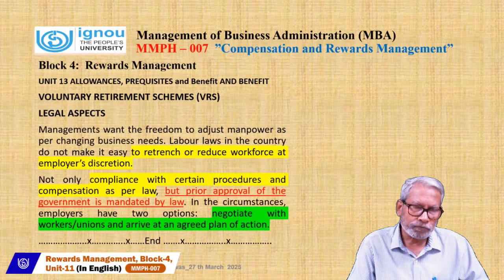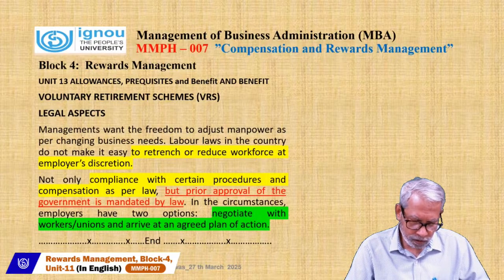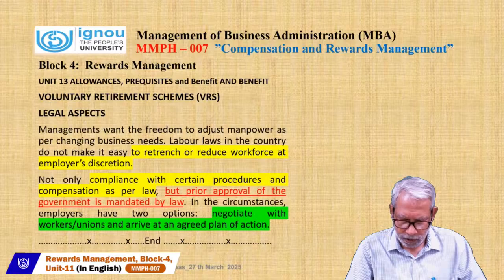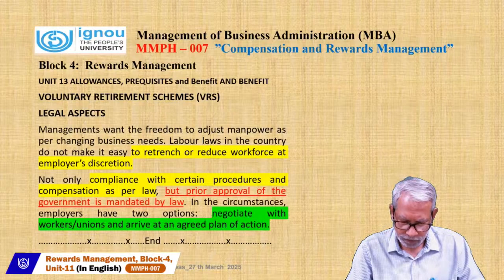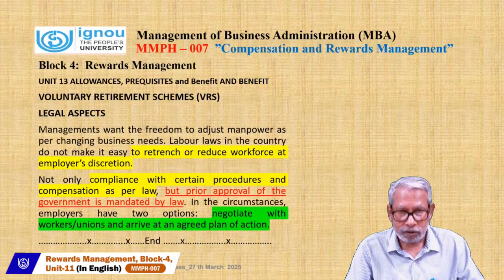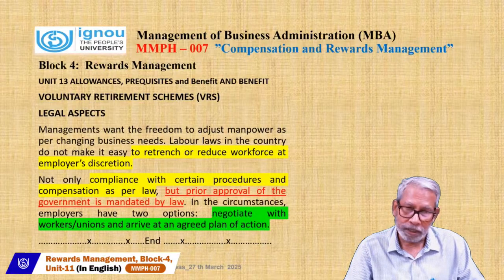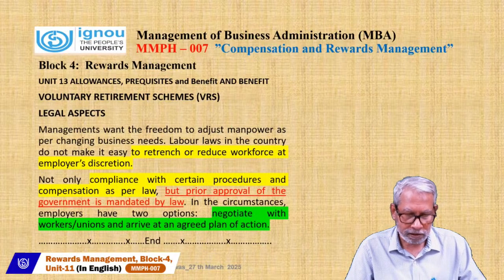Other allowances also. Then a question may come: why is the DNS allowance added to basic wages? What is the purpose behind it? Apart from the DNS allowance, which are the other allowances? Just for example, your housing allowance, transport allowance, medical allowance, food allowance that we have discussed.